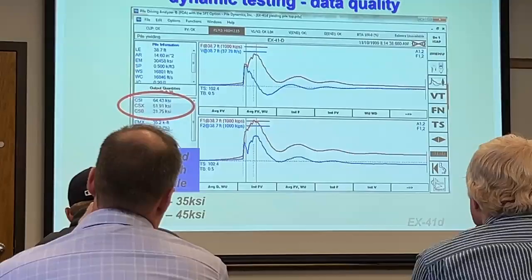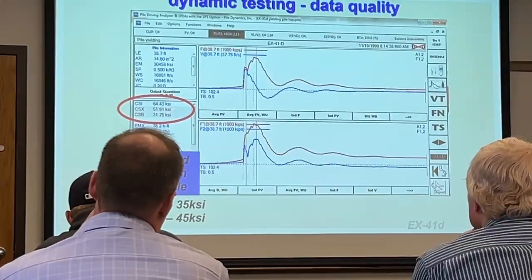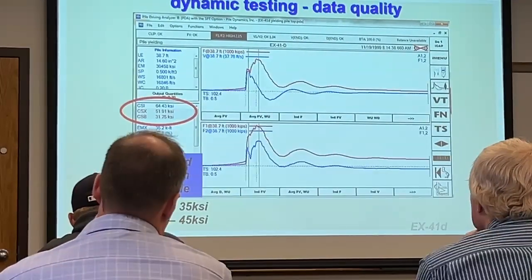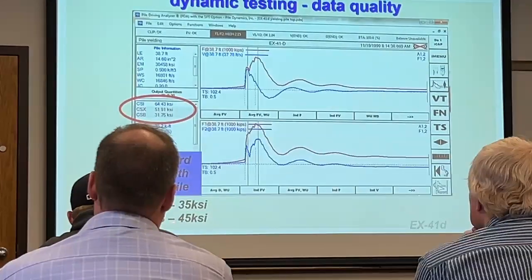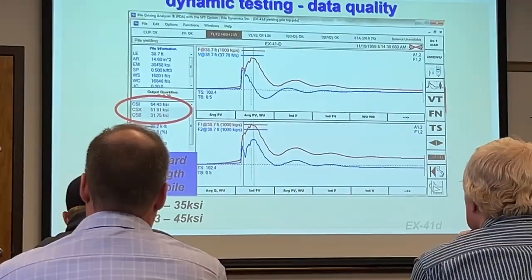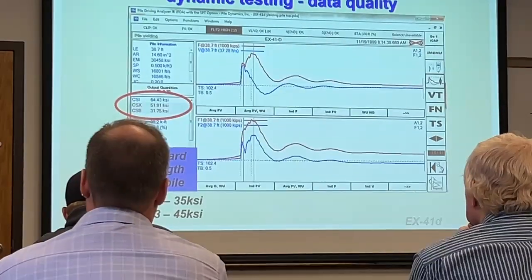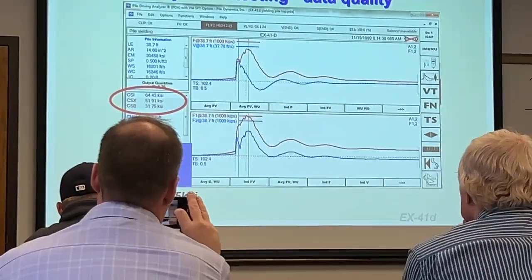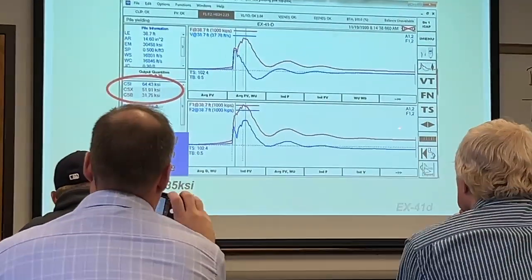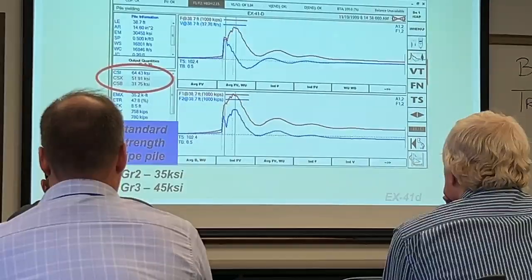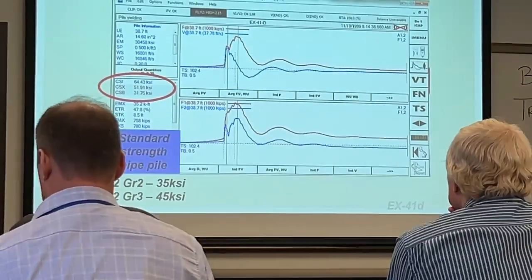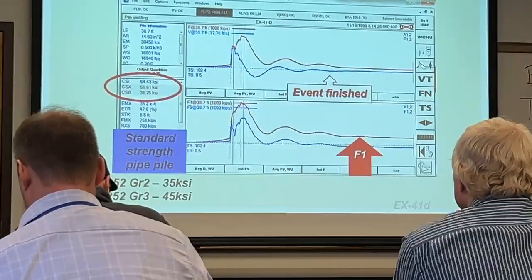If we look at our individual stresses, these were as high as 64 KSI. This is at most 45 KSI steel, and so that's a scenario where we're clearly having an issue. So looking for data that doesn't return to zero at the end is also an important step in keeping an eye on resistance.